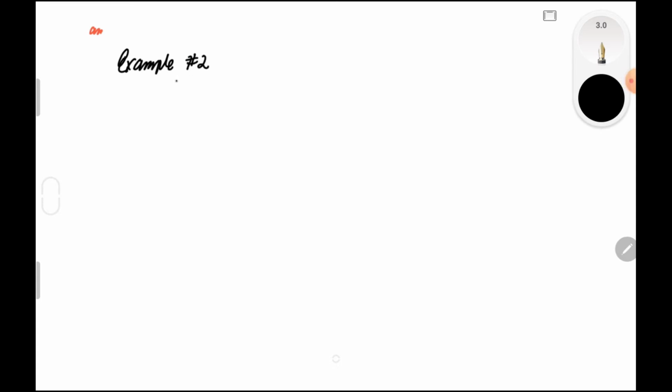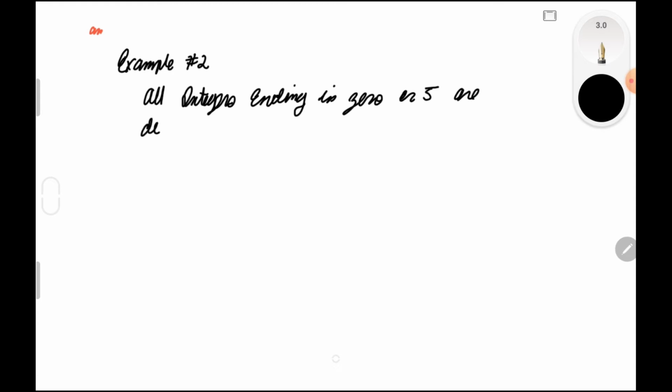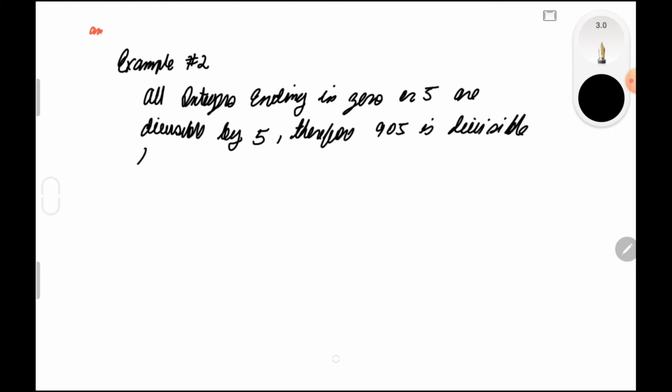All integers ending in 0 or 5 are divisible by 5. Therefore, 905 is divisible by 5. Okay.